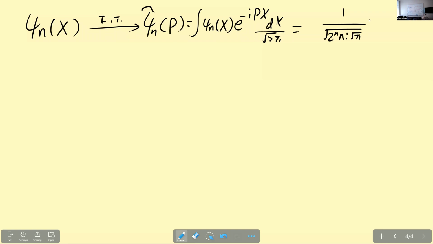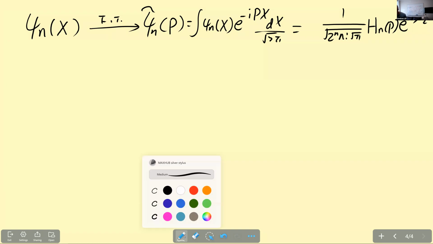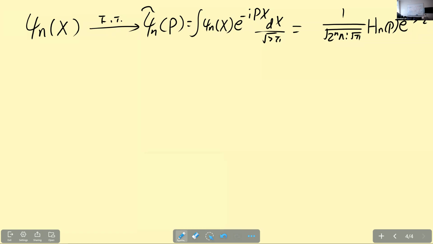So this is something that you need to keep in mind. That's one very beautiful feature of these eigenstates of the harmonic oscillator, okay? Except for quite trivial coefficients. Okay. There's a phase factor here, okay?